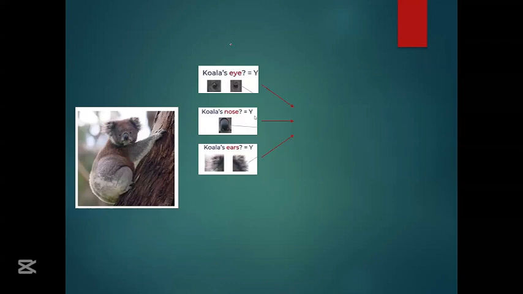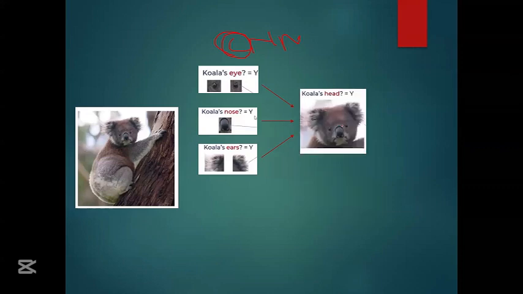I'm just telling how the human brain thinks when classifying this as a koala, before I explain the technique of convolution, right? This is how our brain thinks. First we think about the two eyes, nose, ears, and mouth. Then we categorize this as the koala's head, right?